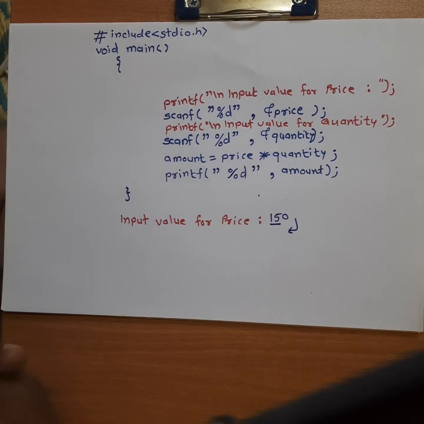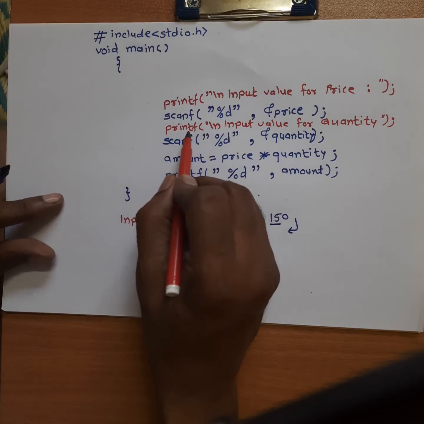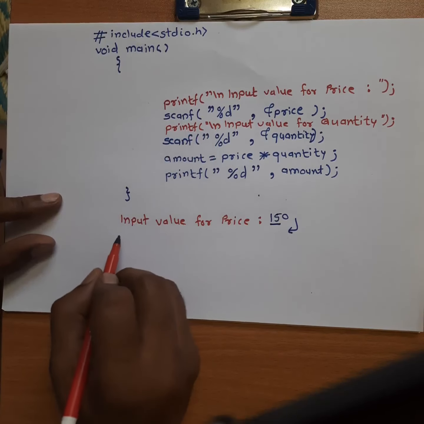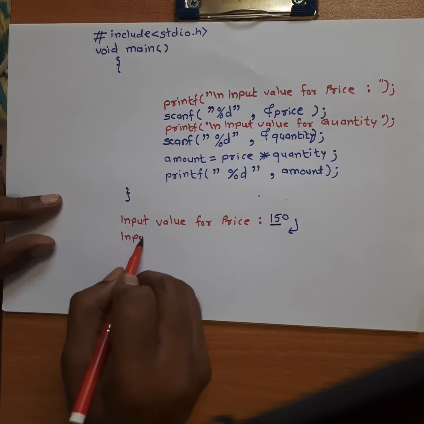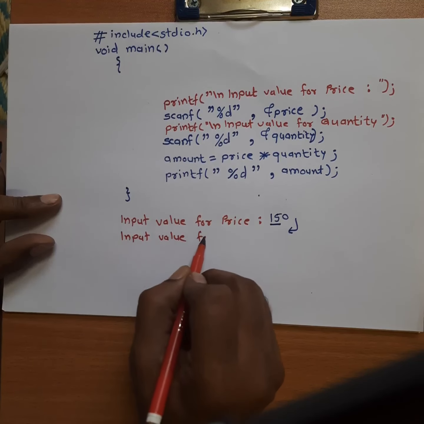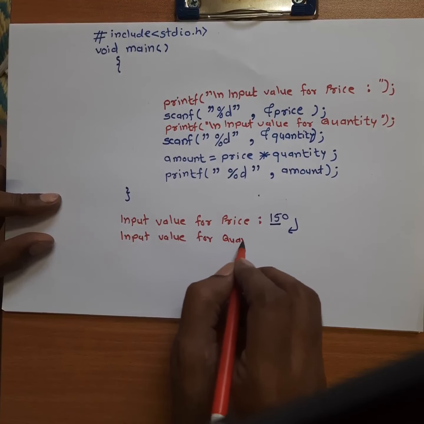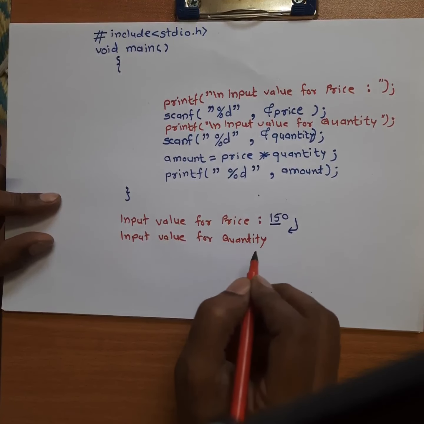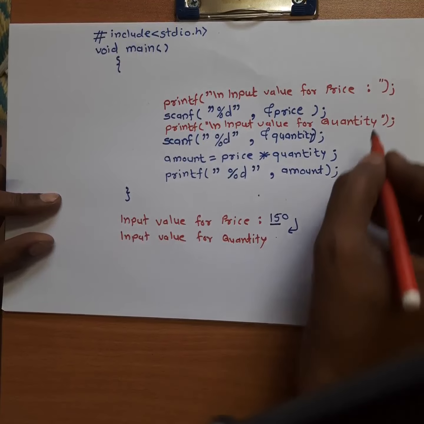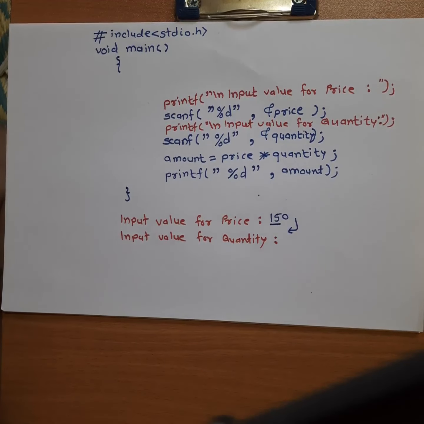Then the next statement gives again printf. That means we want to display something, \n, go to the next line. So it gives me: input value for quantity. Okay, now here we have to give a colon, so it will give the colon also.